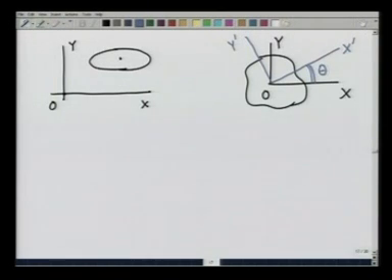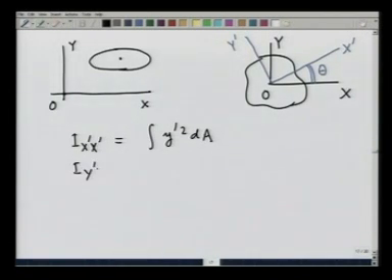Let us see what happens in this case. If I were to calculate I x prime, I y prime and I x prime y prime in the rotated set, I x prime is going to be equal to integral y prime square dA.